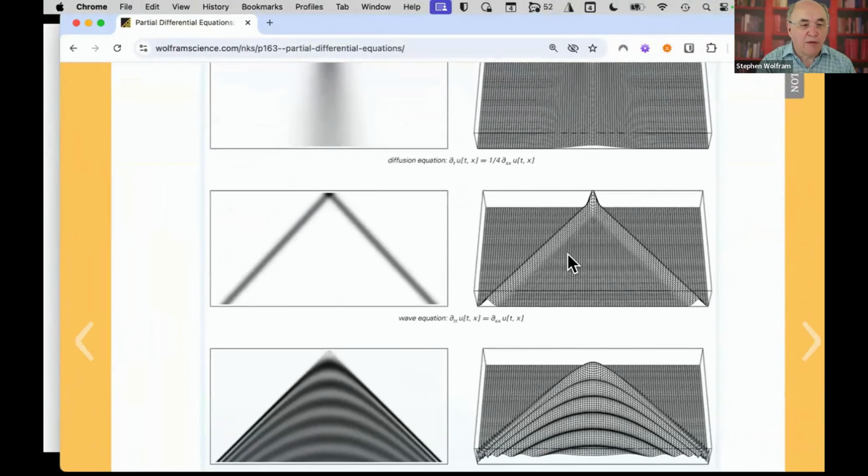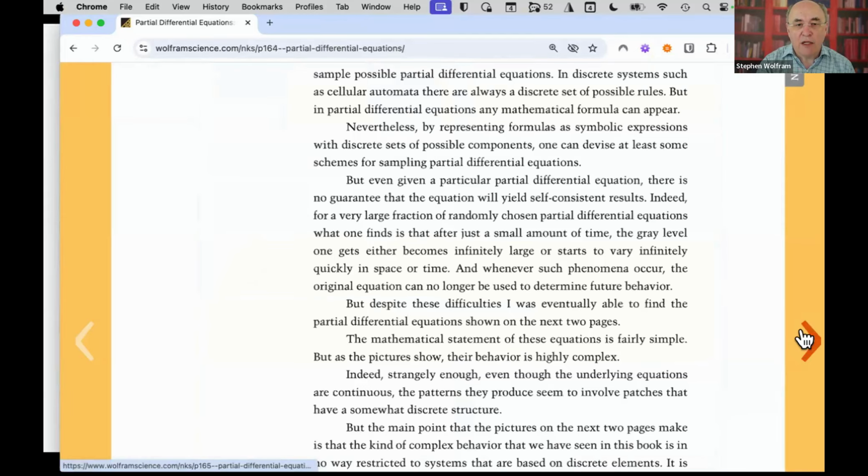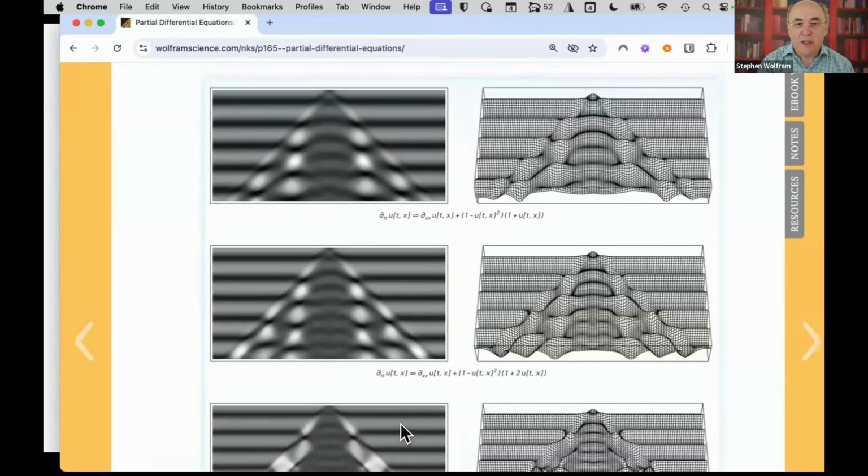They look very simple. Many years ago, 30 years ago now, I was curious: if you just start searching the space of possible PDEs, what do you find? Well, it turns out you very quickly end up finding creatures like this. This is a very simple nonlinear wave equation. It starts off from a Gaussian initial condition, and it makes a big complicated mess.